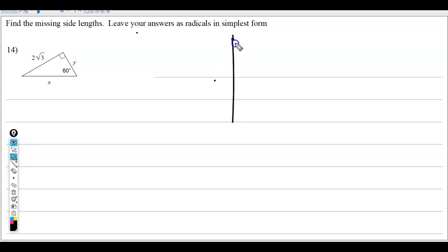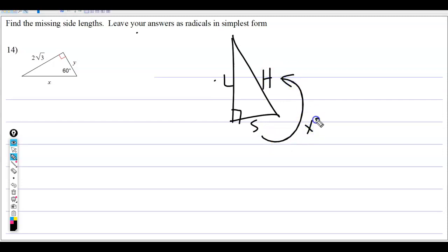One of our special right triangles was the 30, 60, 90 right triangle. We had a longer leg, a shorter leg, and a hypotenuse. Now, the short leg, whatever that is, the hypotenuse will always be twice as much. So I'm going to put times 2. But if you want to work backwards, then of course you would divide by 2.